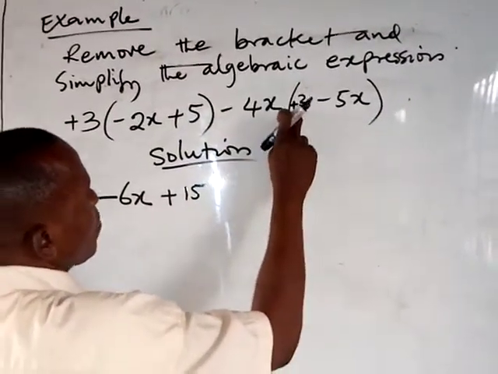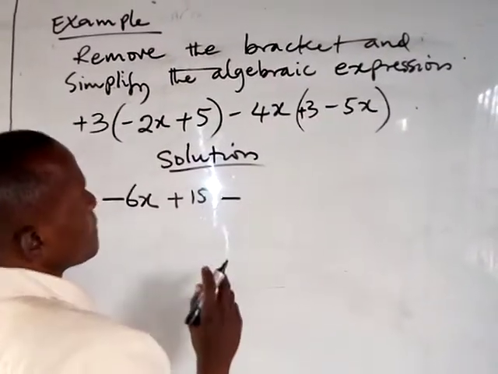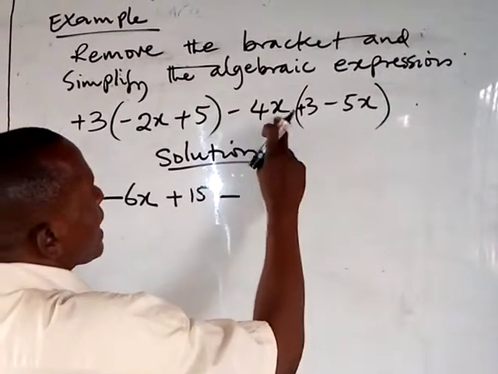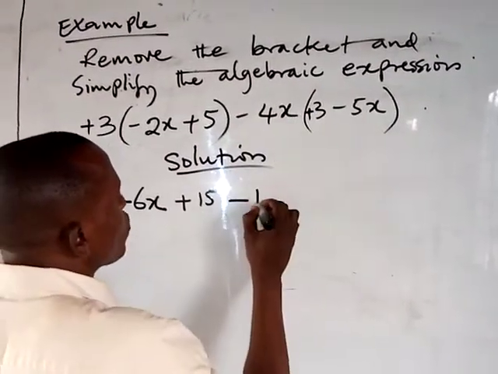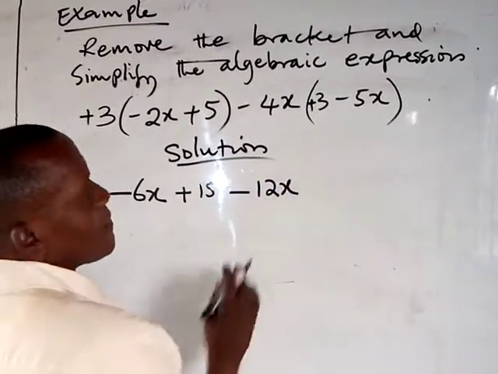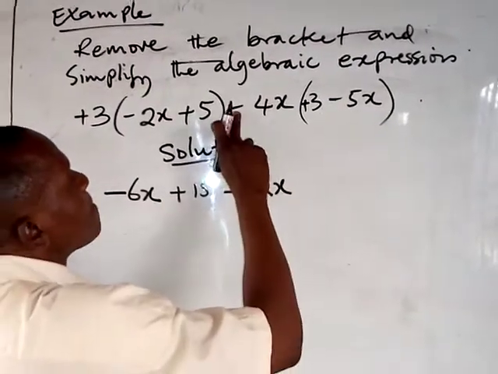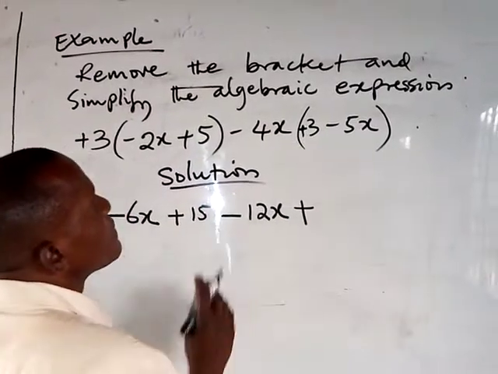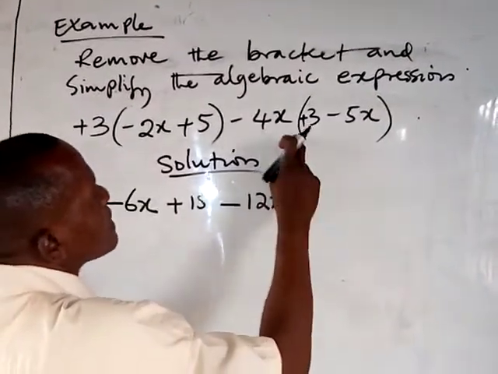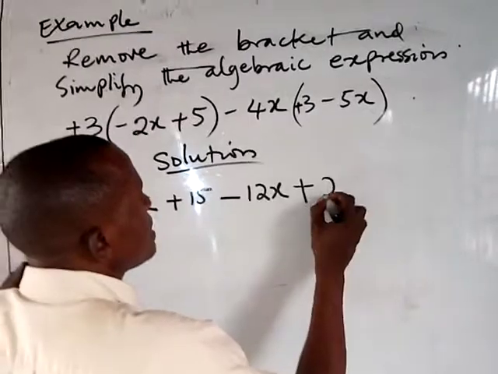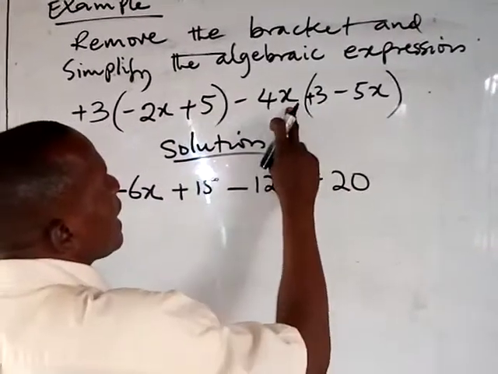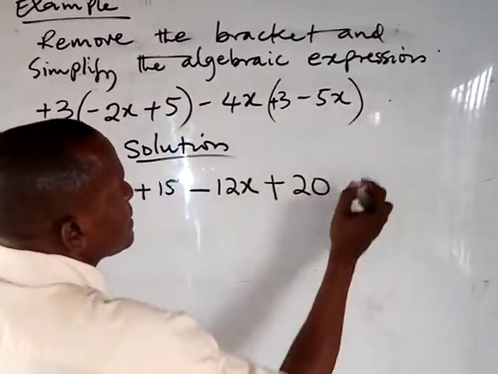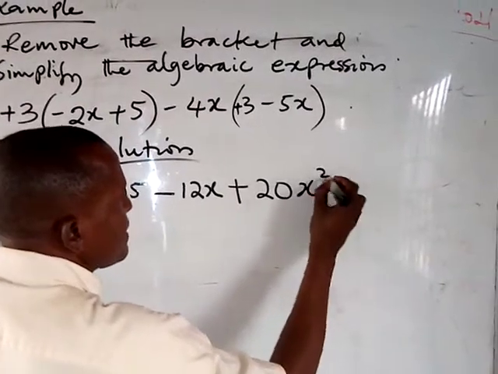Minus times plus is equal to minus. 4x times 3 gives me 12x. Progress. Minus times minus gives me plus. 4 times 5 gives me 20. x times x gives me x squared.